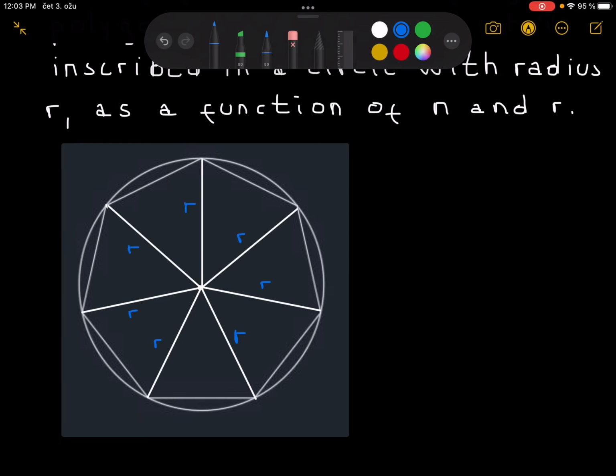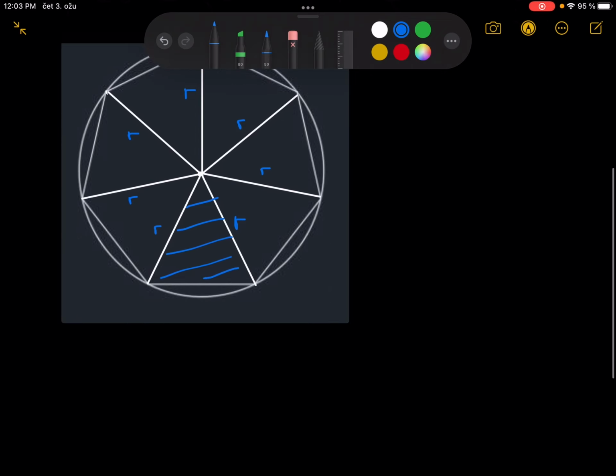Okay, so let's just go ahead and focus on one of these triangles for now. And this triangle is an isosceles triangle, meaning 2 of its sides are exactly the same length and one of its sides is of a different length.